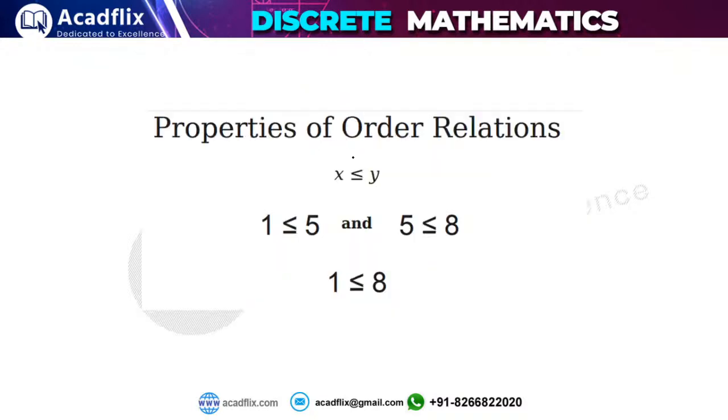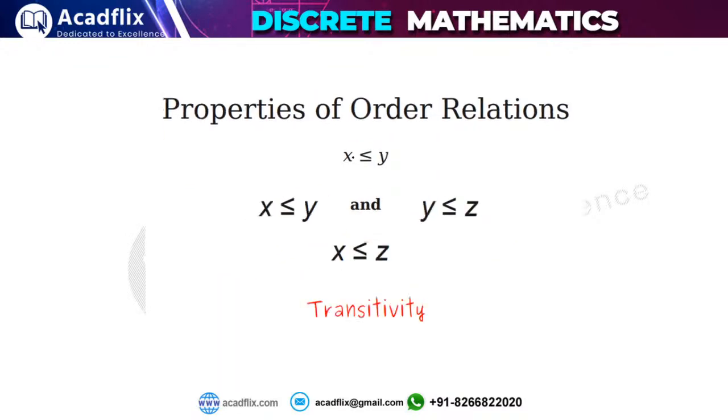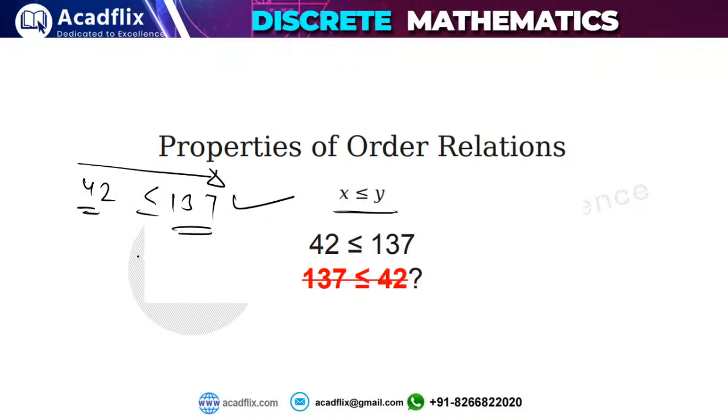So this type of relation is called an order relation, in which we can put elements in some order. Now let's see the formal definition. All these are examples of order relations. For example, 42 is less than or equal to 137. So in the order, 42 will come first, then 137 will come.